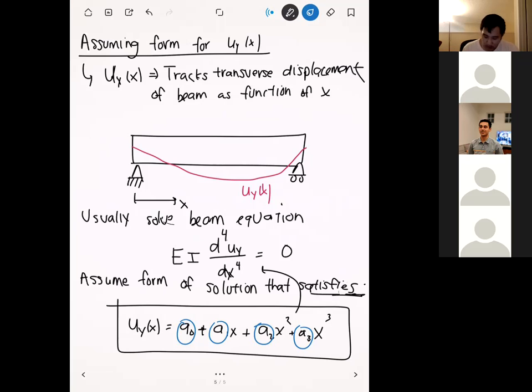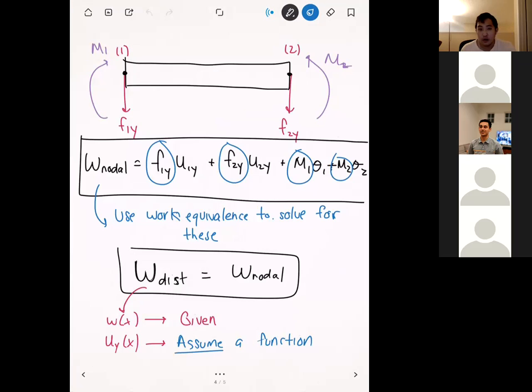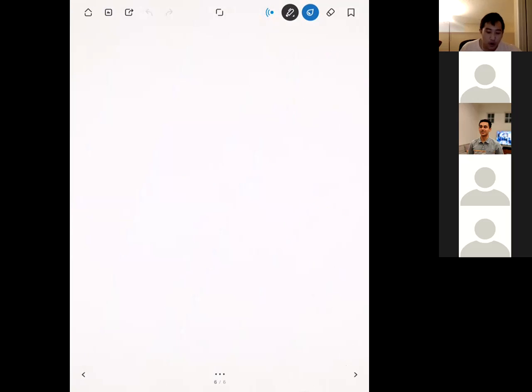Okay. At this point, it's good to step back and remind ourselves why we're going through this. The reason we're going through this is we want an expression for uy right here that we can plug back into our principle of equivalent work. Because in order to plug in for this equivalence right here, we need a function for uy that we can just plug in. And ideally, we don't just want any uy of x.